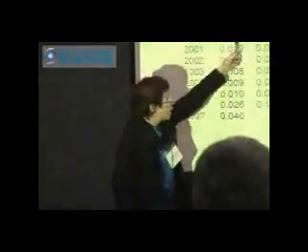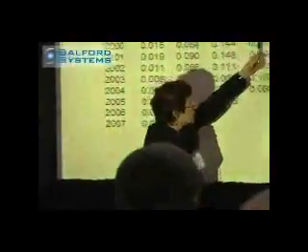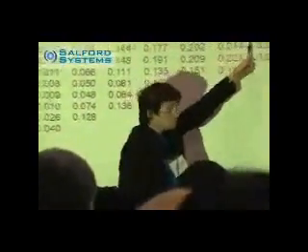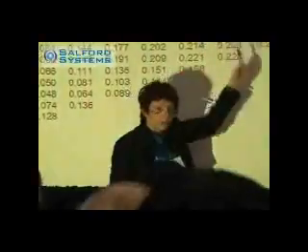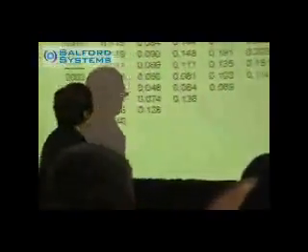And that's what this overhead is showing. You can see that if you take a particular origination year and follow it over time, the default rates tend to increase over time. So default rates for a cohort of loans evolve over time.